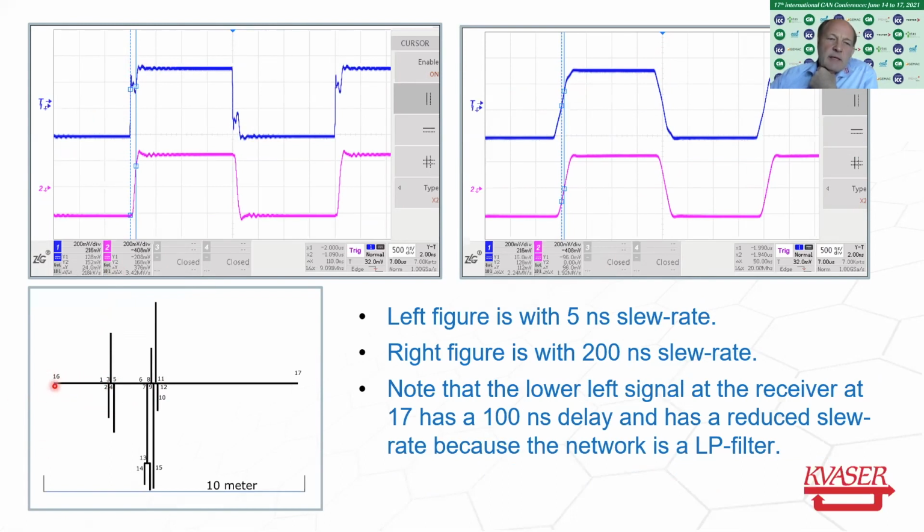It's visible here in 16, but in 17 you don't see this, because this works as a low pass filter. So all this energy disappears, and you get a cleaner signal with a slower slew rate. If you switch from 5 nanoseconds to 200 nanoseconds, all the problems disappear.